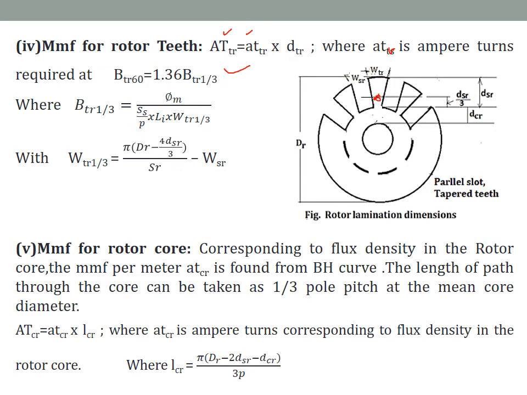Here SR is the number of rotor slots per pole. It is SR by P into Li into WTR at one third height, with WTR one third equal to pi into (dr minus 4dsr divided by 3) divided by SR, minus WSR.